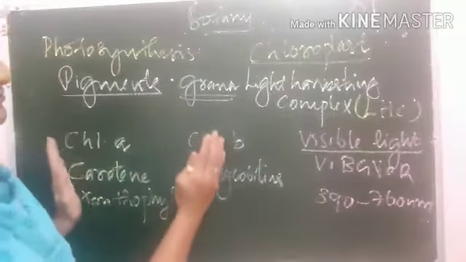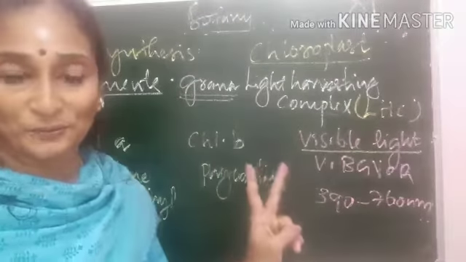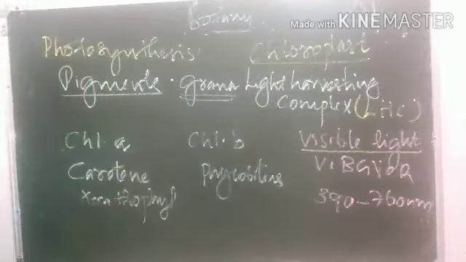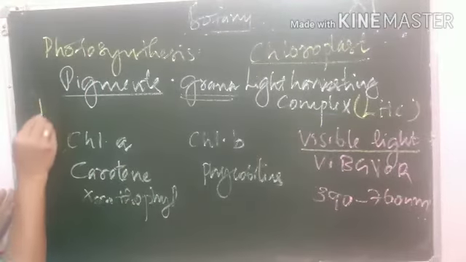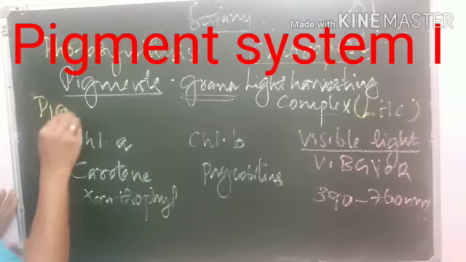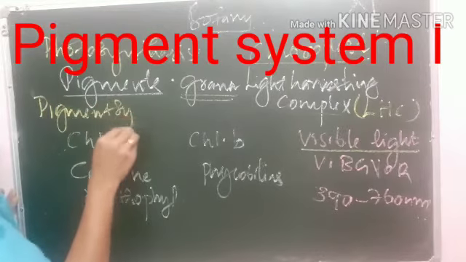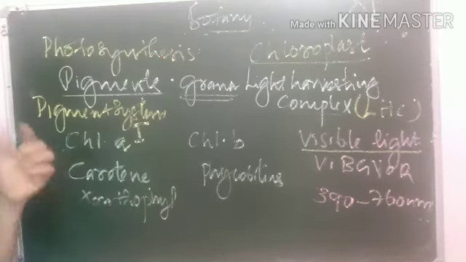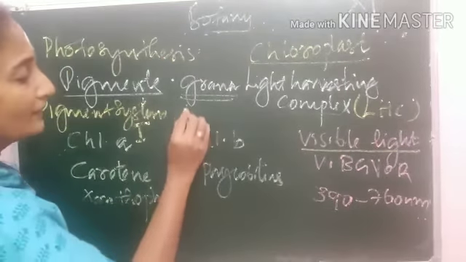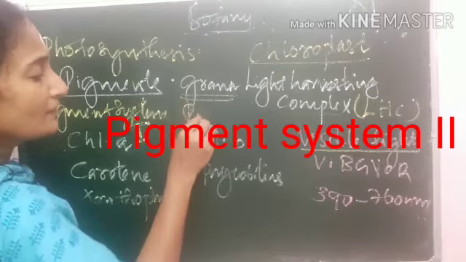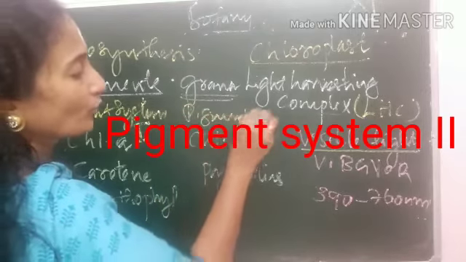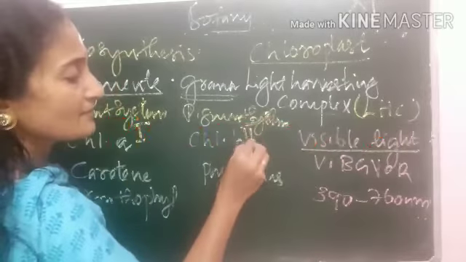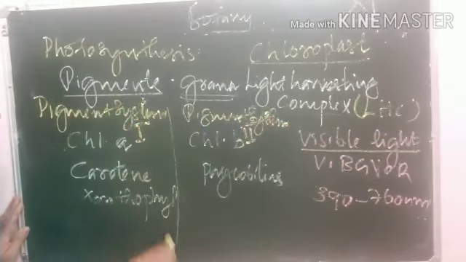So we can classify the pigments into two pigment systems: pigment system 1 and pigment system 2.